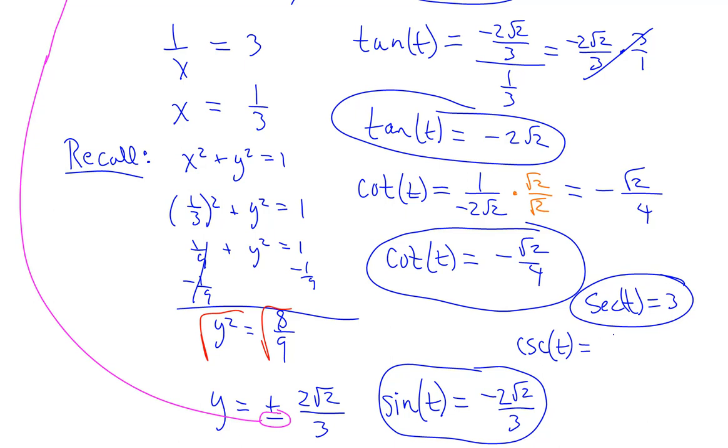So it would be the reciprocal of that, which would be 3 over, the whole thing is negative. So negative 3 over 2 root 2, which of course we could rationalize by multiplying by root 2 over root 2. And this works out a little bit like the rationalizing we did above for cotangent, but this result will end up as negative 3 root 2 on top over 4. Negative 3 root 2 over 4, and that's for cosecant, so we rewrite that one. Cosecant of t equals negative 3 root 2 over 4.